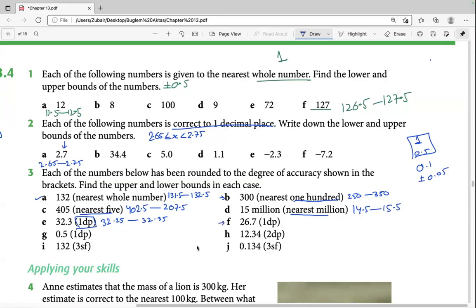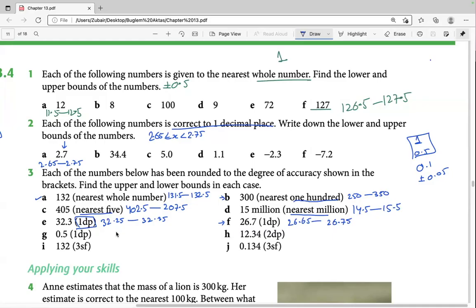F part, that one's the same thing. So 26.65 and 26.75.